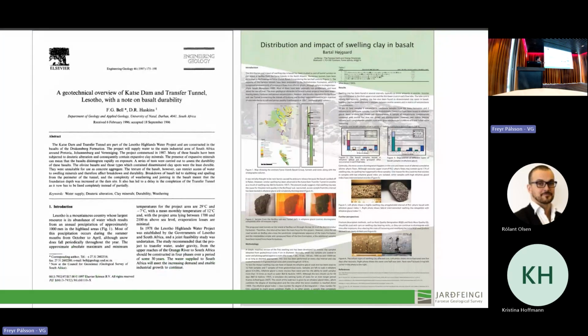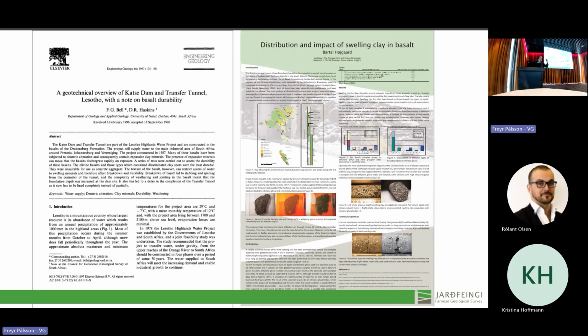I was inspired by an article by South Africans who were doing a full-face drilled transfer tunnel for water to the mainland of South Africa, and also the foundation for the dam.